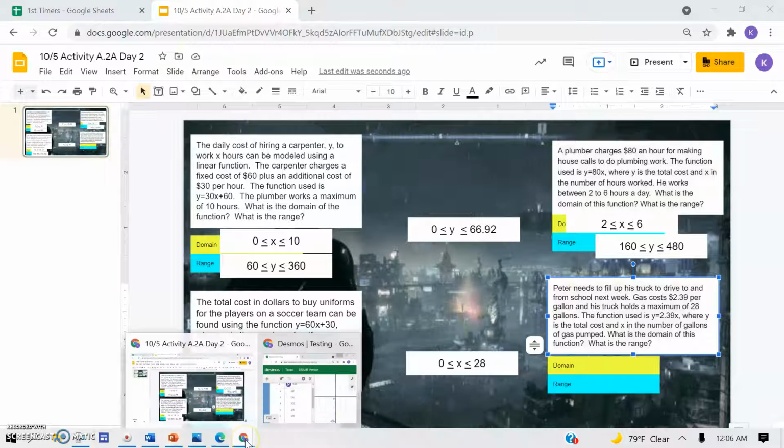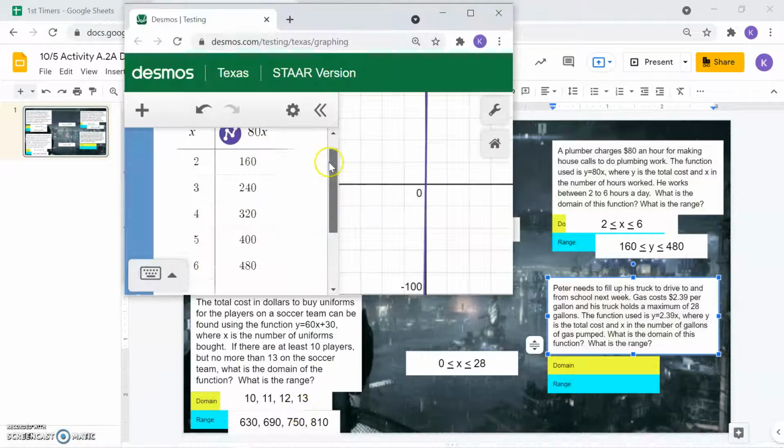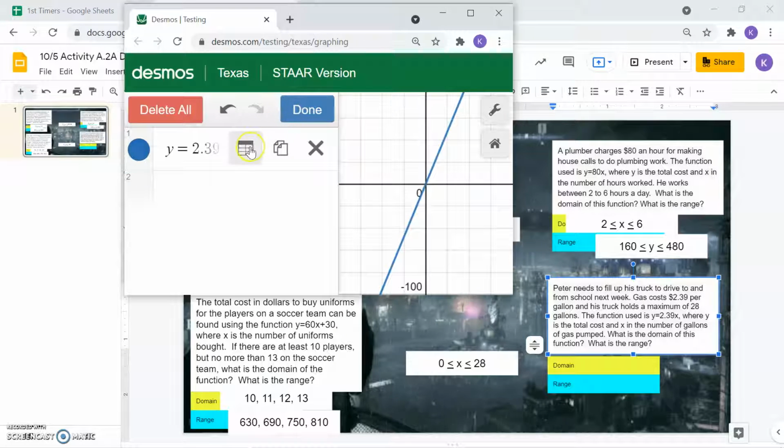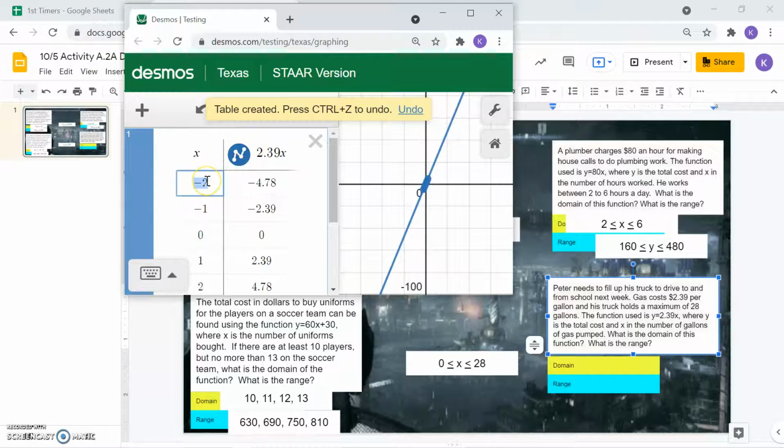So again, we go over here. Let's delete this one and let's type in y equals 2.39 for every gallon. Let's change that to a table. So on this one, 0 for 0 gallons. I mean, you don't have to pump anything.